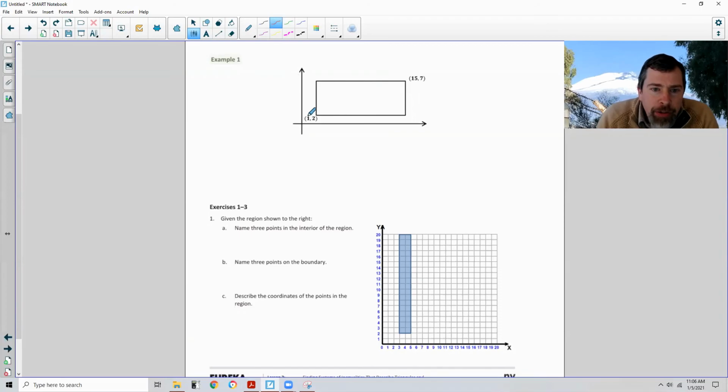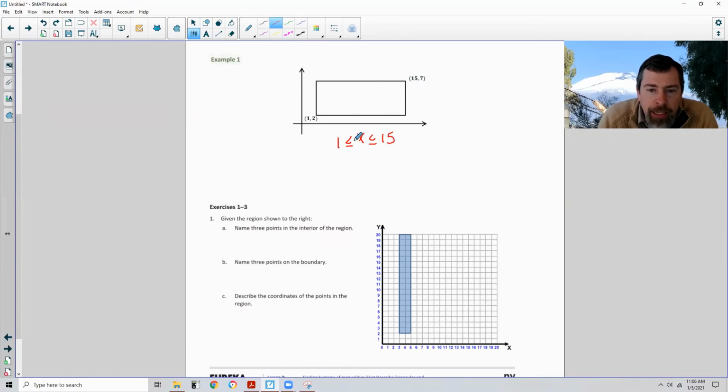Well, any x value, and since the lines are solid, then I guess that being on the edge would be considered in the rectangle. Then x could be between and including 1 and go all the way up to this x value over here, which is 15.